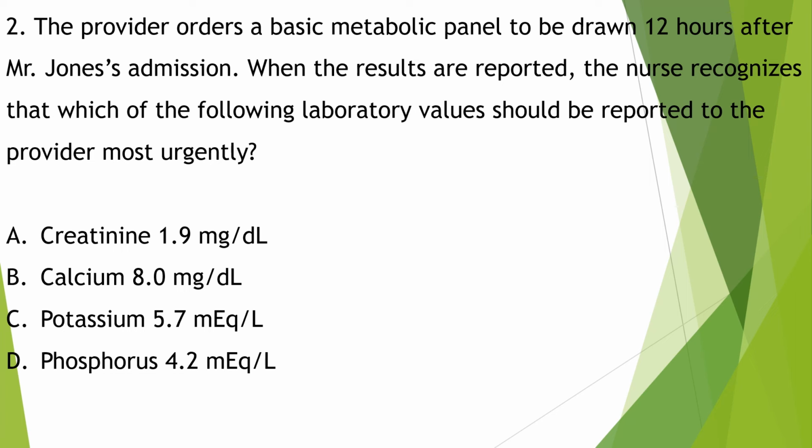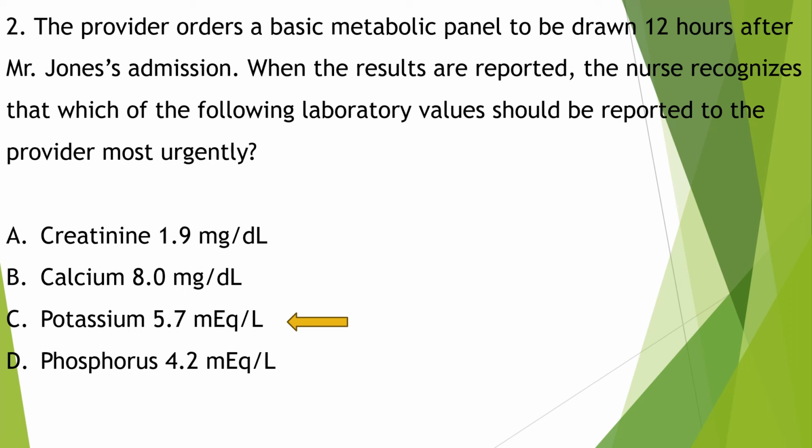A potassium level of 5.7 milliequivalent per liter is indicative of hyperkalemia, and because of the dangerous cardiac arrhythmias that can result from hyperkalemia, this value requires a most urgent intervention. Although a creatinine of 1.9 mg per dl is above the normal range and is increased from Mr. Jones' previous lab results, it does not require as immediate intervention as the potassium level.